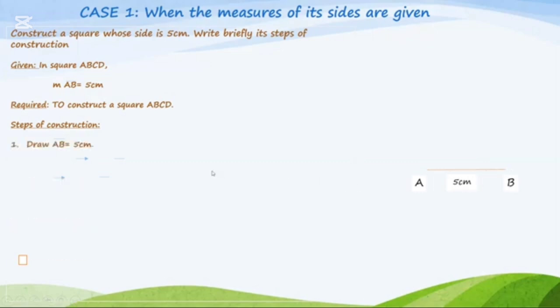So step number 1 is draw AB equal to 5 centimeter. Now the next step is we have to draw a perpendicular here on B. As we know that all the angles of a square are equal to 90 degree, so here we are going to draw a perpendicular on B like this.